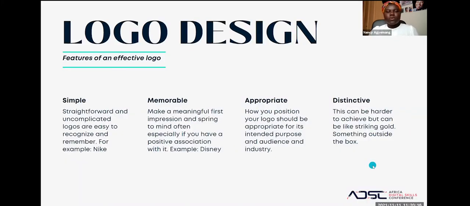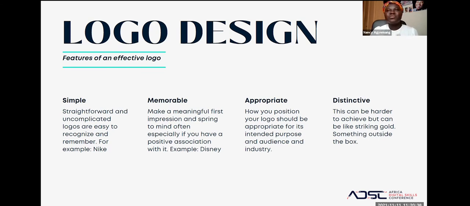Okay, so when it comes to designing a logo, there are certain things you need to take into consideration. I have only 4 here, but there are so many of them. But these 4 are the main things that you need to take into consideration. So we have the features of an effective logo, which is, it has to be simple.